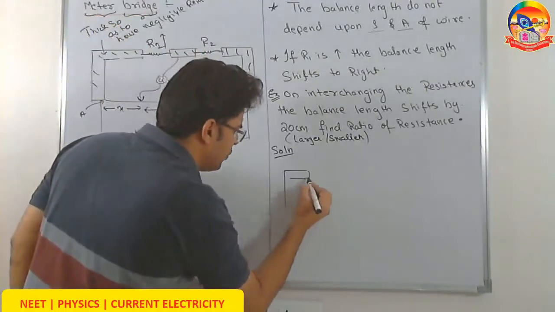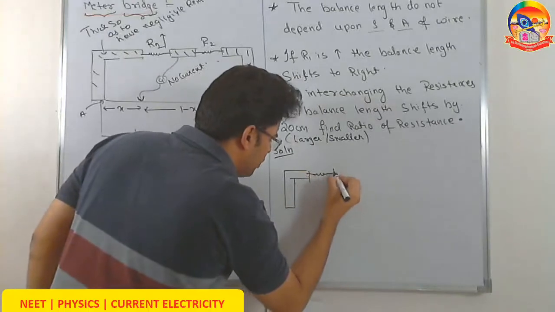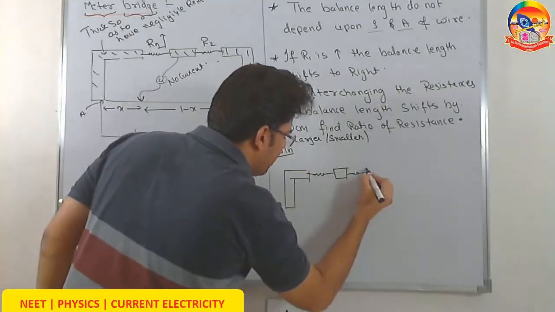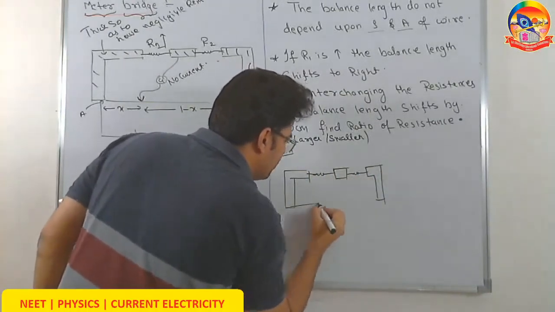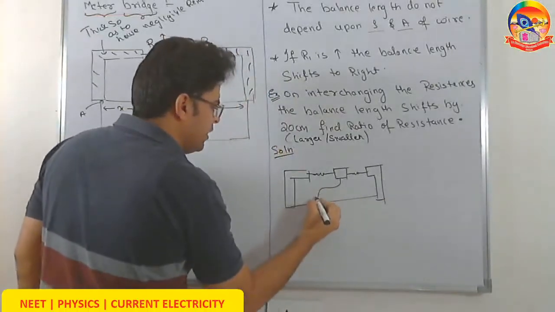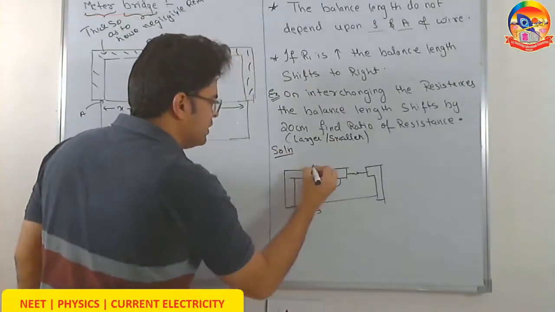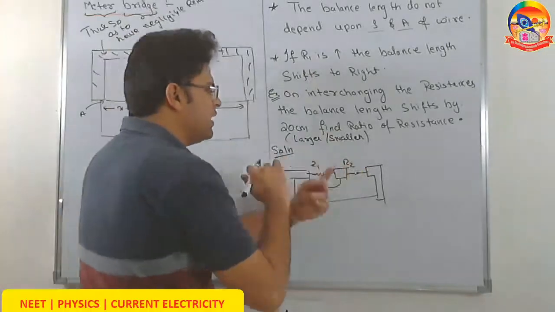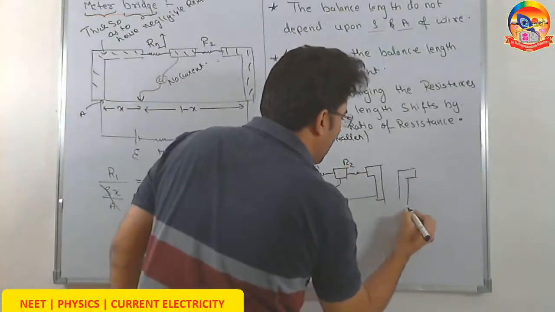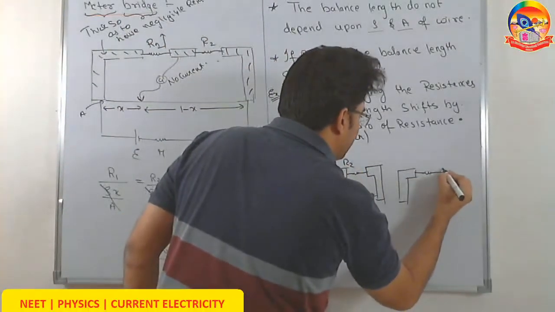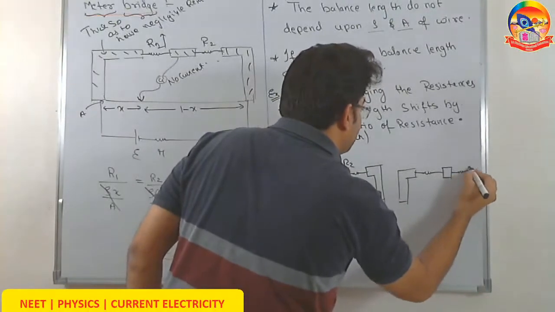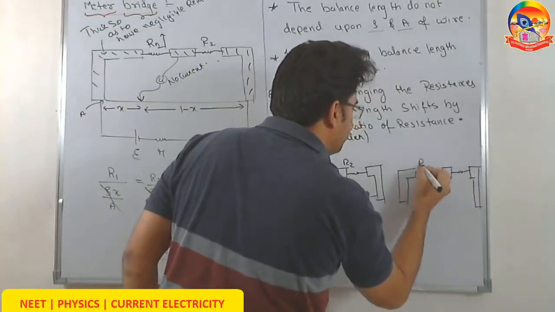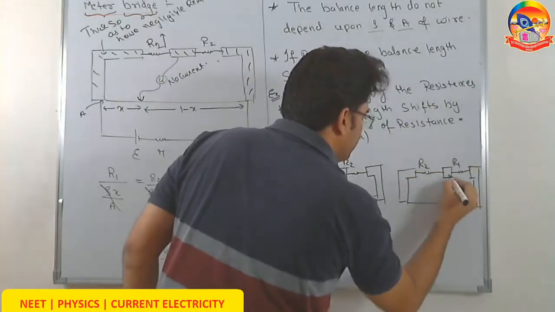So let's say this is your initial Wheatstone meter bridge. Yeah, I called it Wheatstone because it's actually based on Wheatstone. Let's say your first balance length is X here. This is R1, this is R2. When you interchange R1 and R2, now your balance length will be X from the other side, right? Because you have kind of changed the frame.